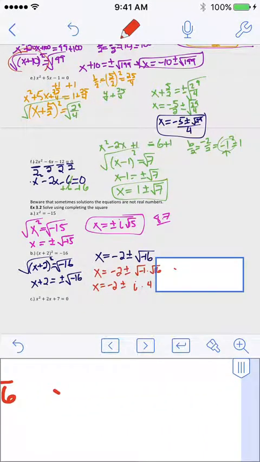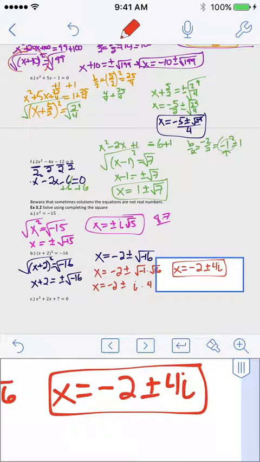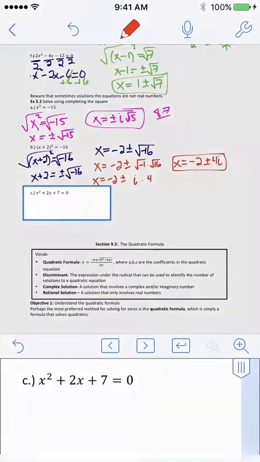And just to make it a little prettier, x equals negative 2 plus or minus 4i. Complex answer, but that's okay. I still have two numbers, right? A complex number is still a number. It's not a real number, but it's a number, right? I got two answers, negative 2 plus 4i, negative 2 minus 4i. Fabulous. So let's do one more with complete the square.